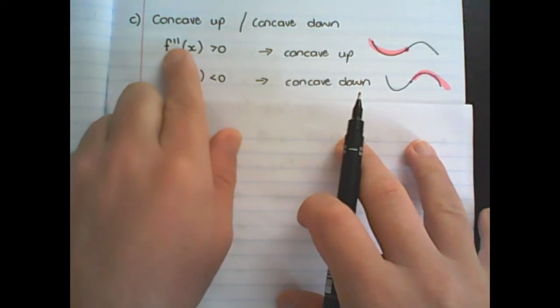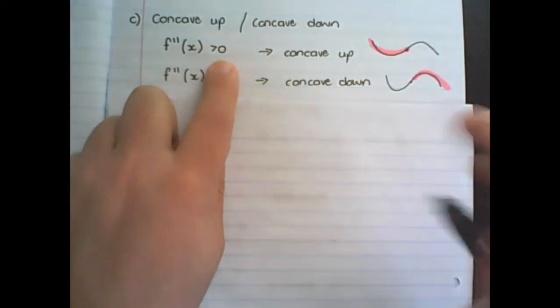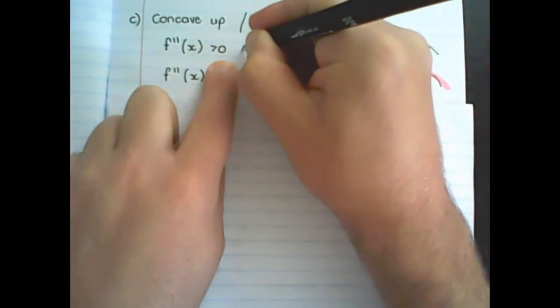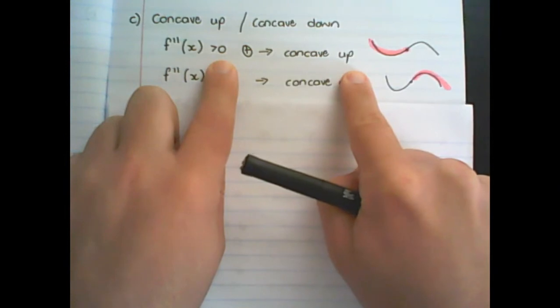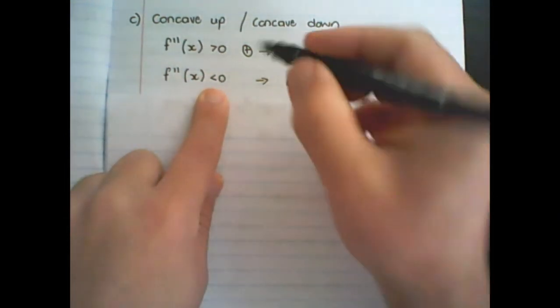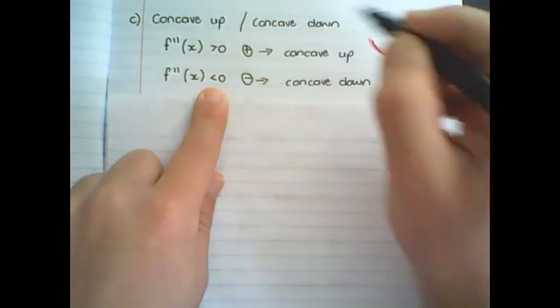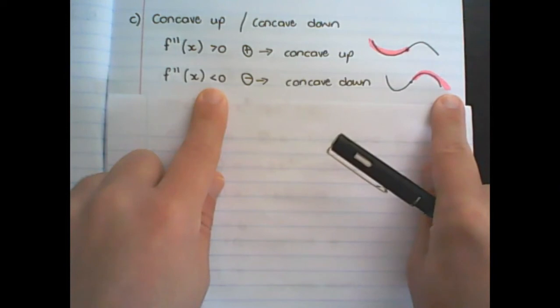If I take the second derivative and it's bigger than 0 or positive, then it will be concave up. If it's smaller than 0 or negative, then it will be on the part of the graph that is concave down.